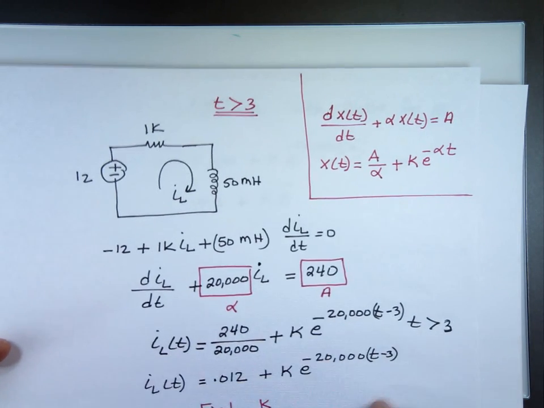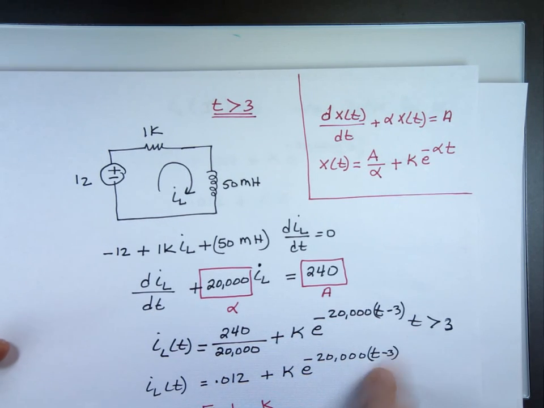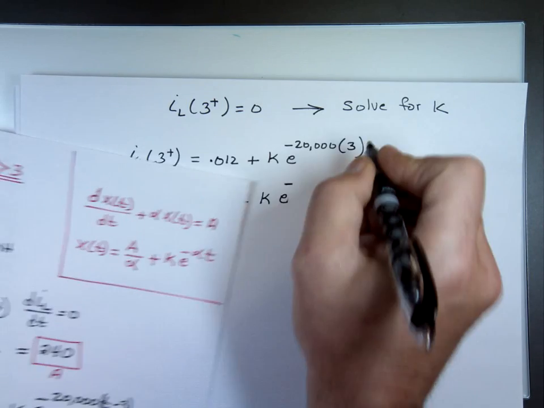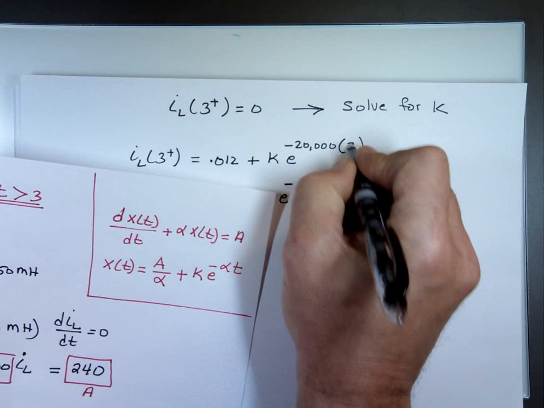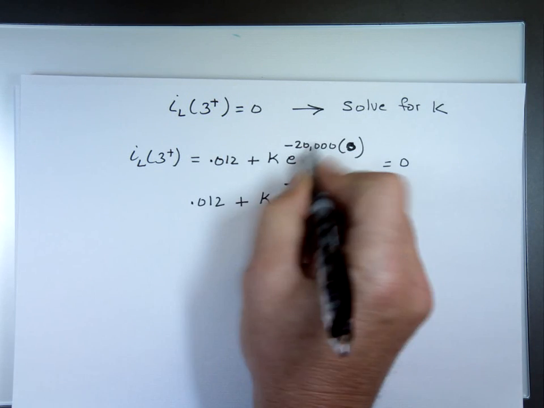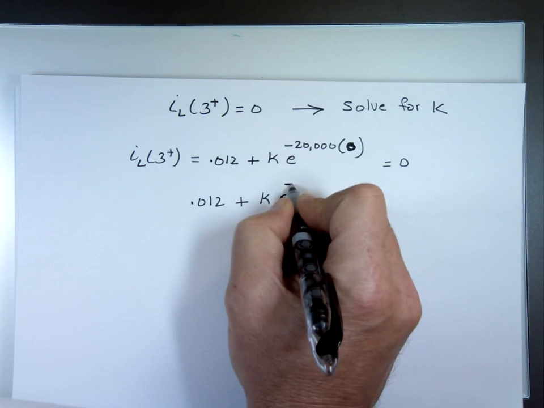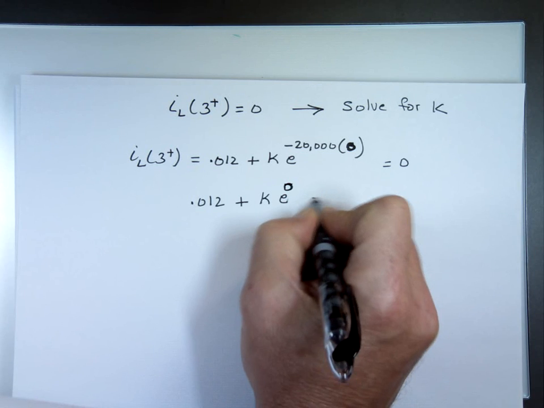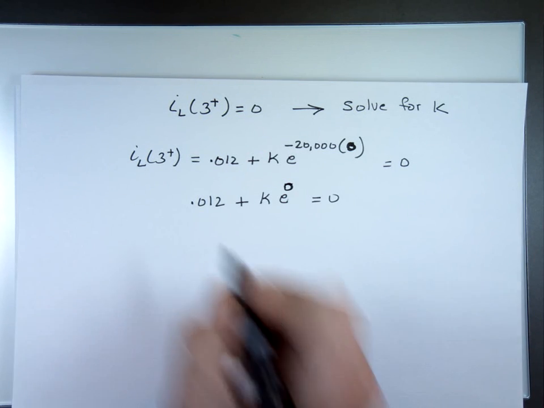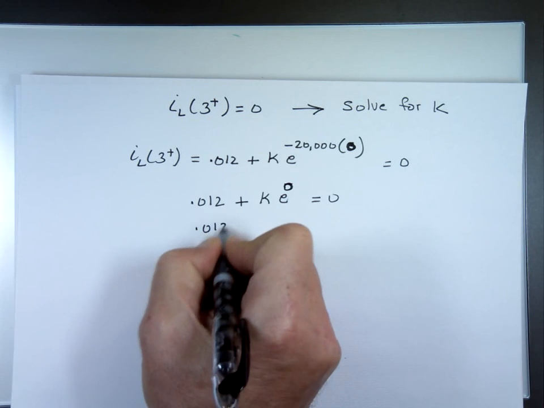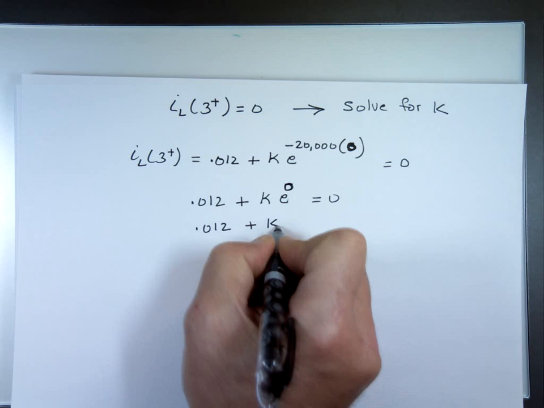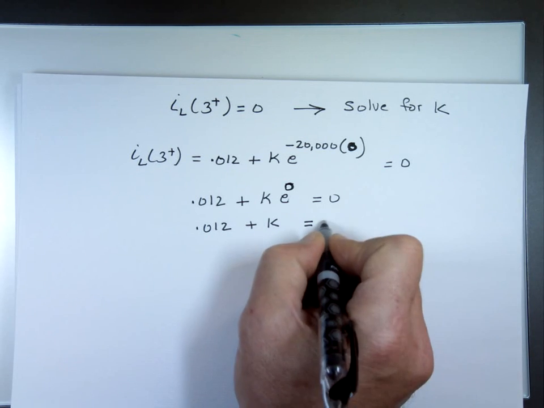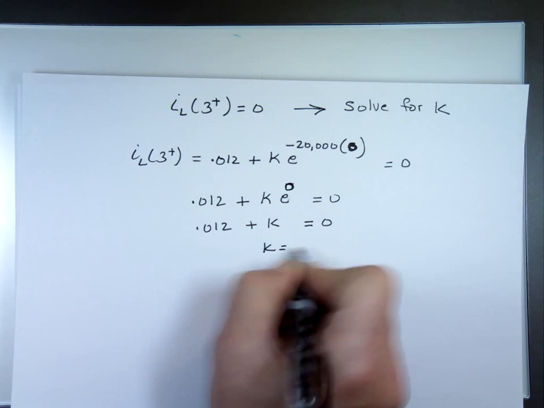So t minus 3 would be 0 here. E to the 0 is 1, right? So 0.012 plus k is equal to 0. K equals negative 0.012.